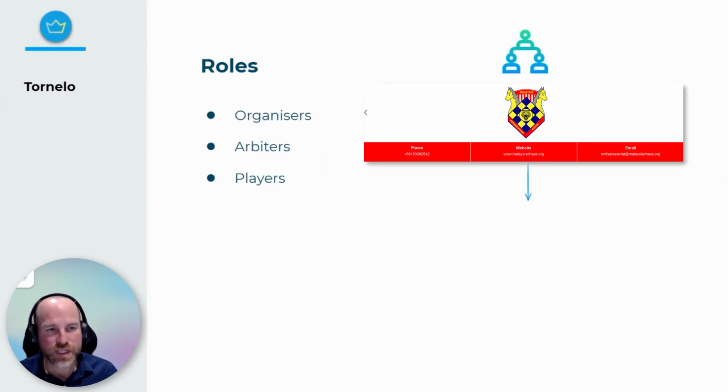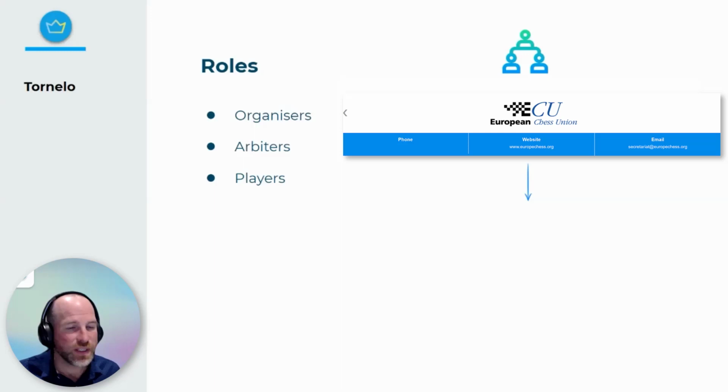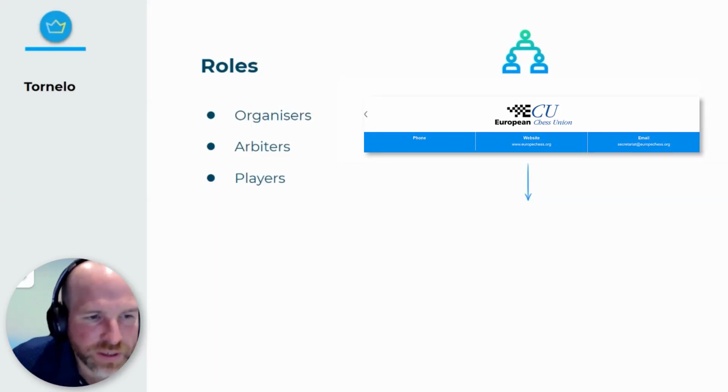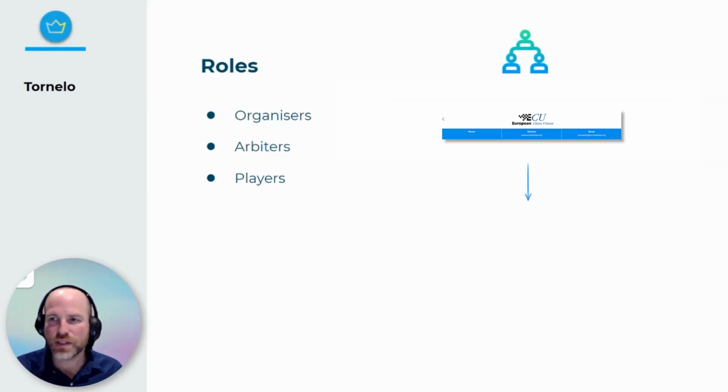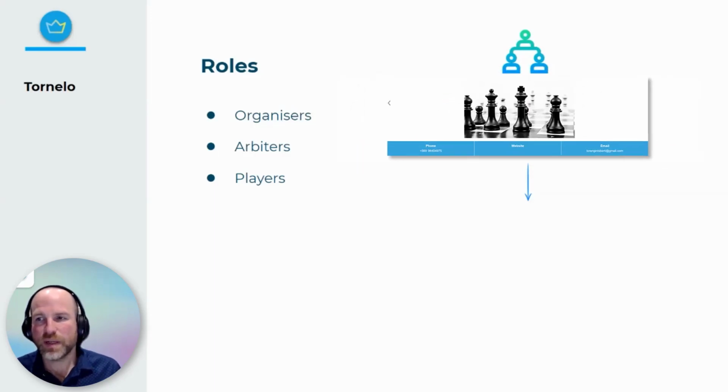We have a number of national chess federations using Tornelo. It could be the World Chess Federation, FIDE is on here. It could be continental. We've got the European Chess Union and a number of other continental confederations or associations. Or it could be even just an individual arbiter or coach who sets up an organization for themselves.